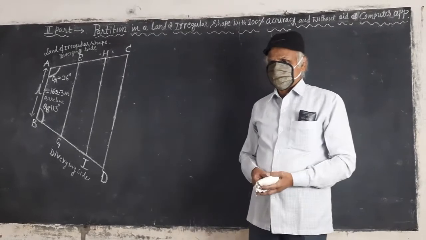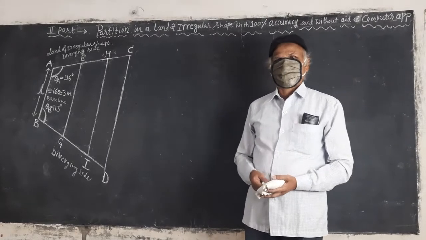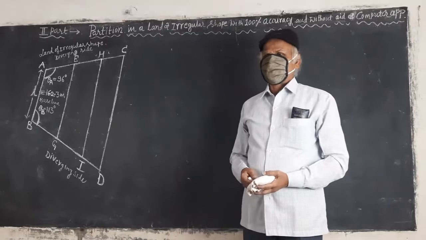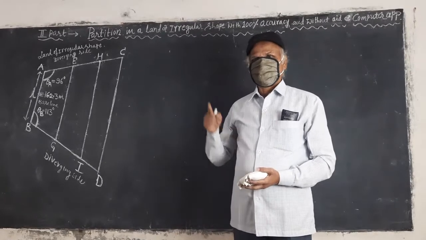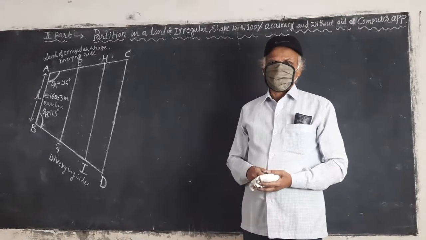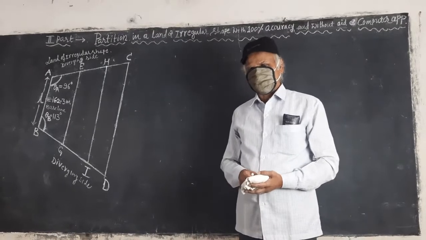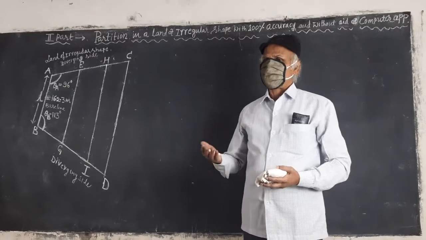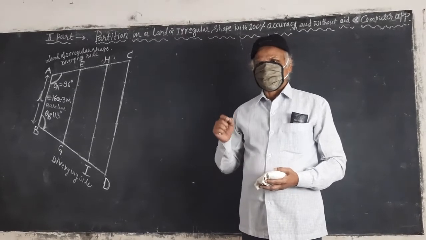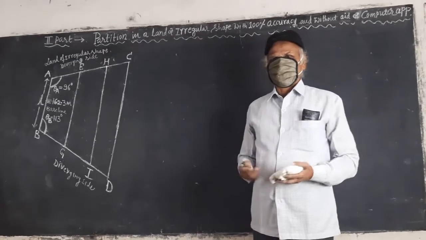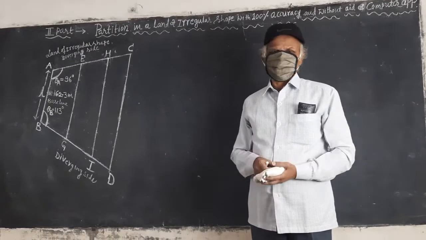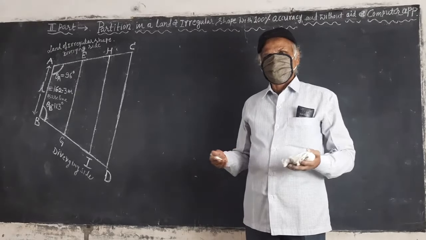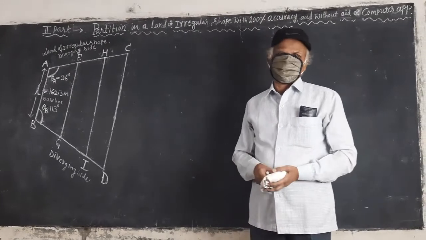Welcome to my video article relating to calculation of distance of line of division and distance of cutting points in the partition of land of irregular shape with 100% accuracy and without using any computer app.